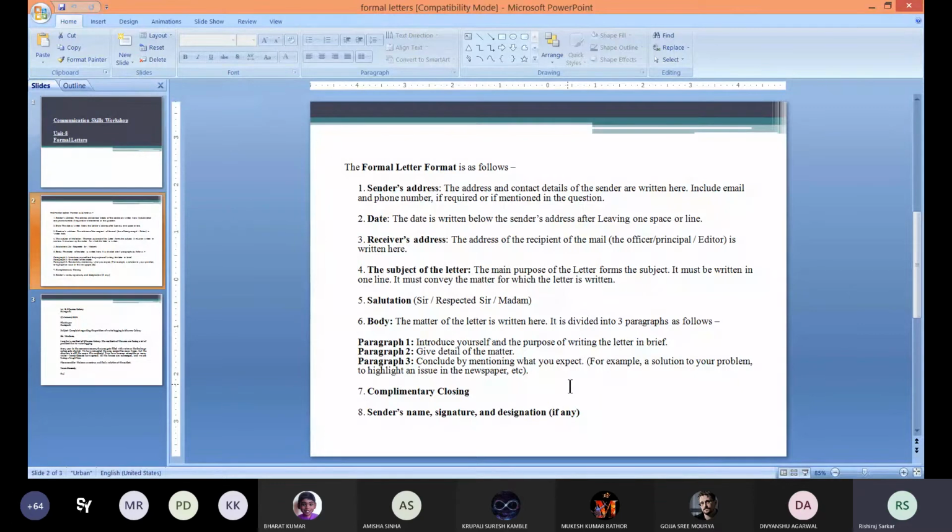Those parts are there in the third paragraph. After that, again a space and the complimentary closing. Some people, even in the complimentary closing before yours sincerely, also write thanking you. This thanking you can be included or may not be included. That totally depends upon you.